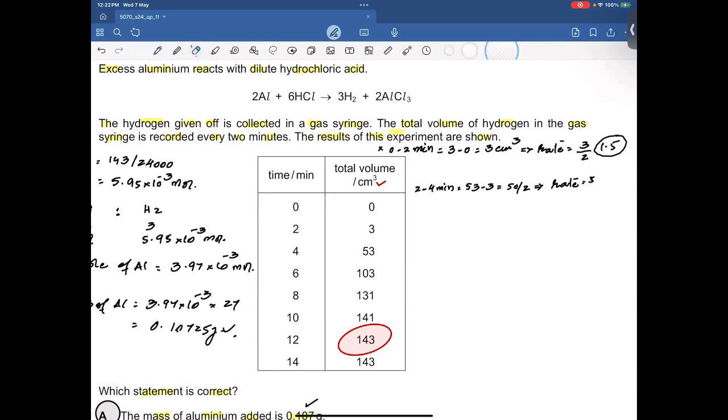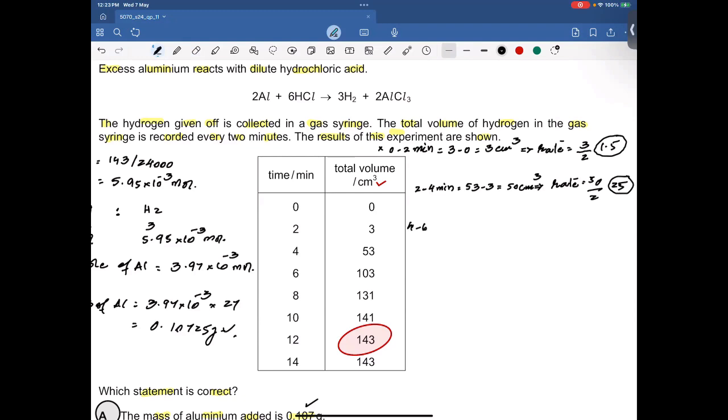Oh my goodness, hold on. This is 50 cm³, and I'm making a mistake by rushing. 50 divided by 2 is 25. 75 still hasn't come.